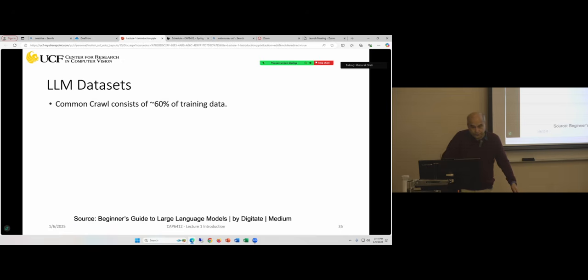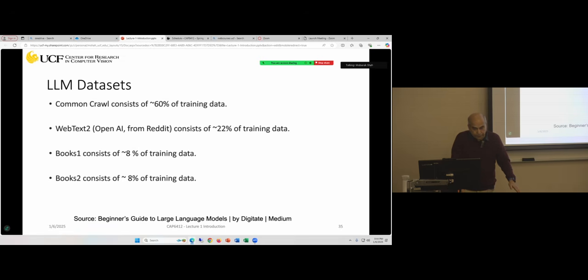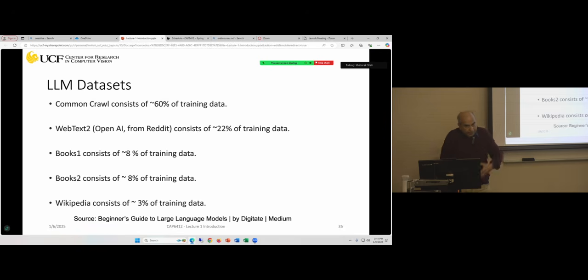So this was from last year: 60% of the LLM data set comes from crawling the web to get training data. There's web text, OpenAI uses data from Reddit, then Books 1, Books 2, and Wikipedia, all the text being digested in these models.